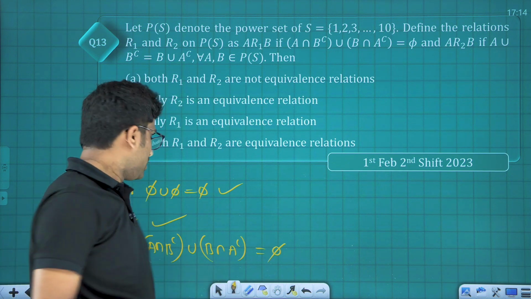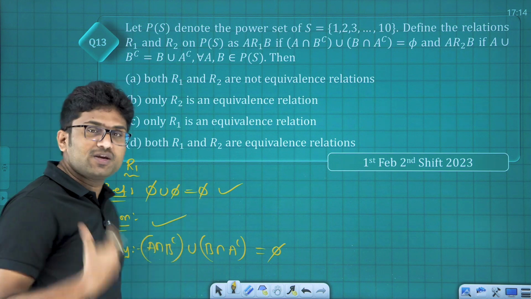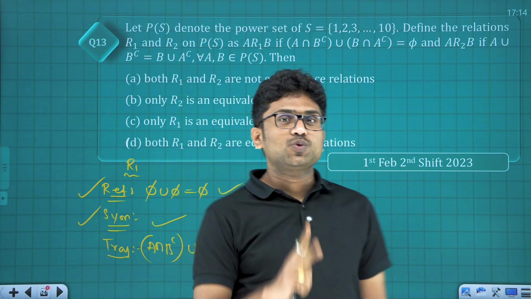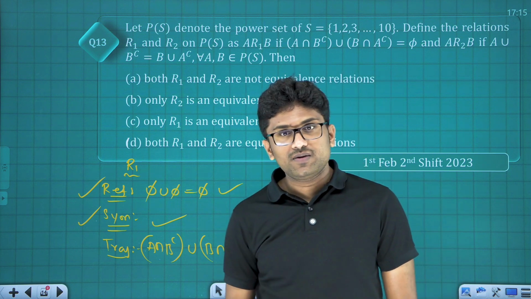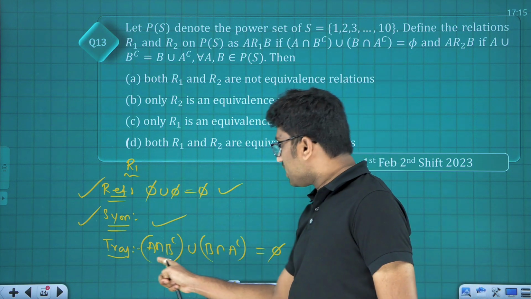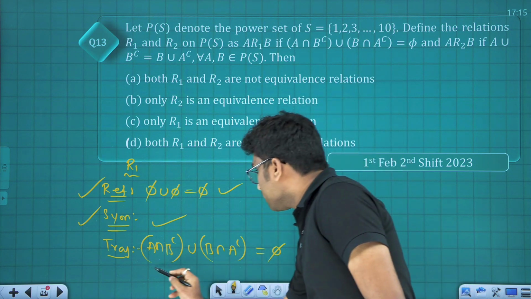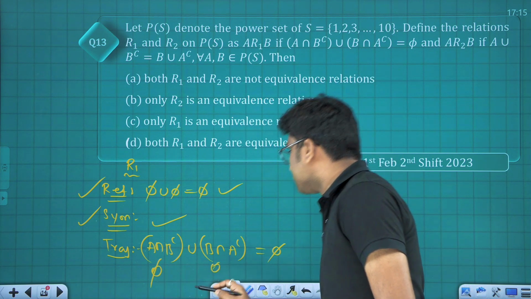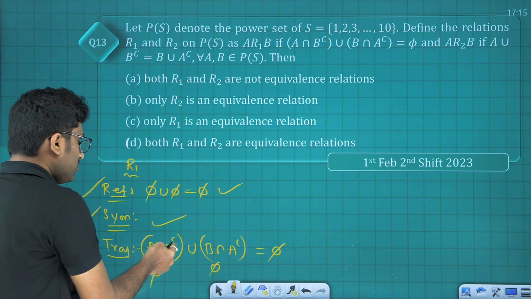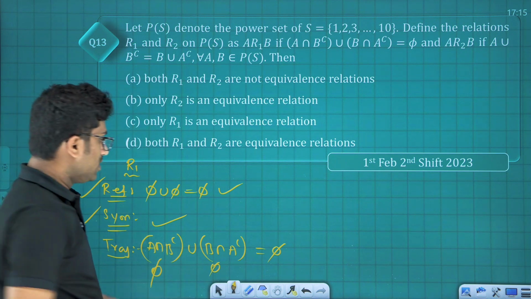Before that, see, the union of two sets is phi means each set should be a null set. The union of two sets will be the null set only when each set is a null set. That's it. So this should be null set, this should be null set. Clear? So A intersection B complement is a null set now.